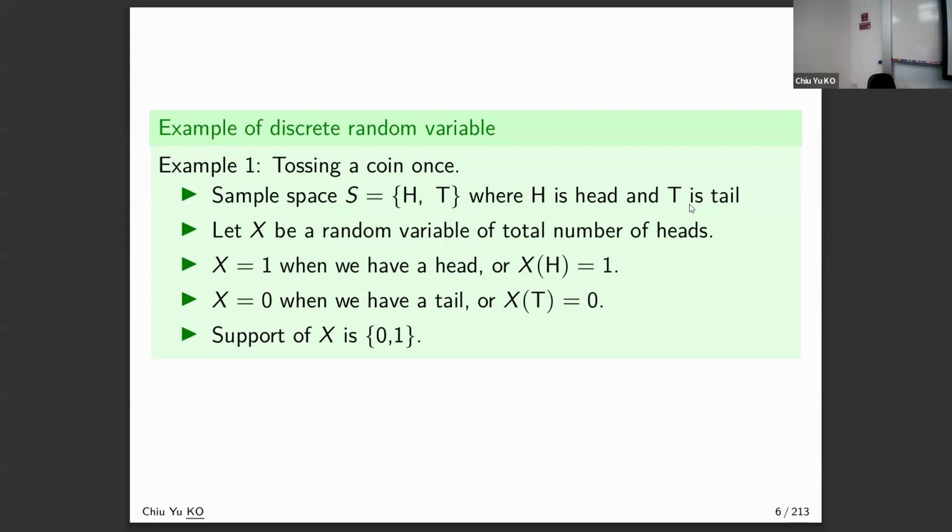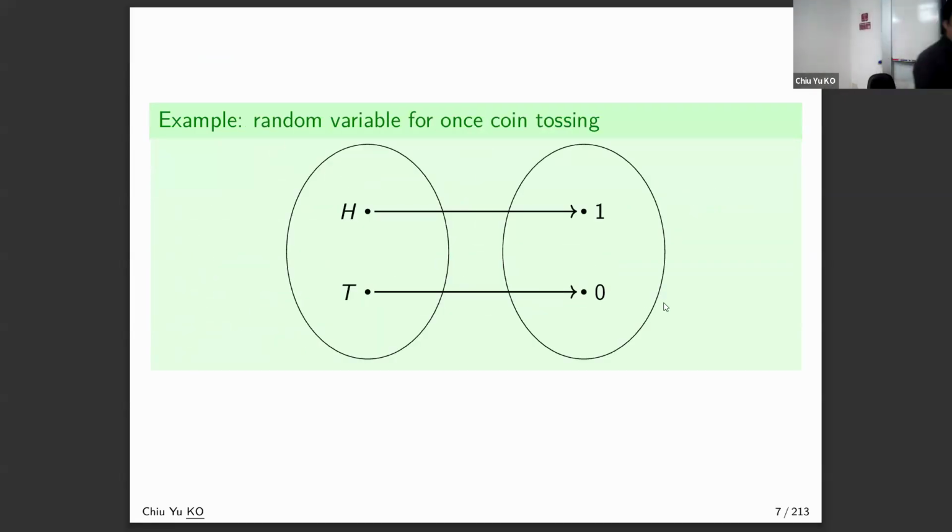So you give me the outcome of the experiment, I would tell you what number to assign, right? So head, I would keep 1, tail, I have 0. So instead of a complicated sample space, I have a number there, okay? And you can imagine that as a measurement, right? With some way to measure our outcomes in the random experiment. By putting numbers there, then we can do a lot of stuff.